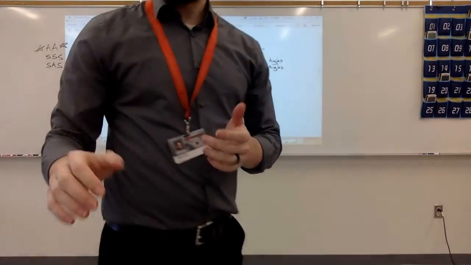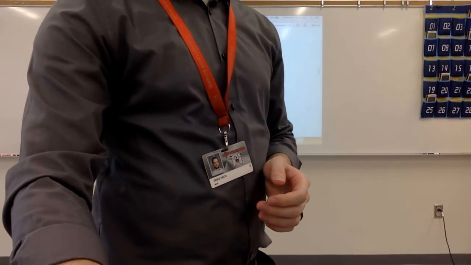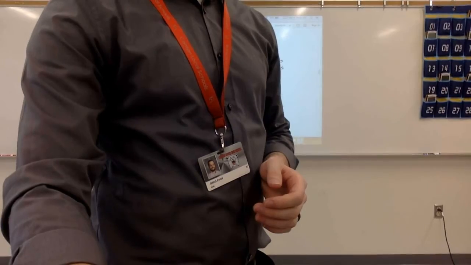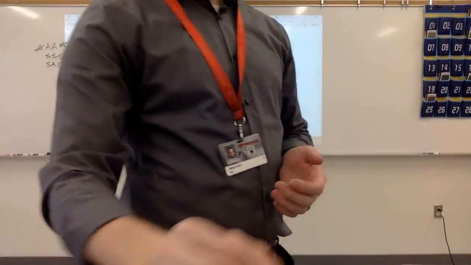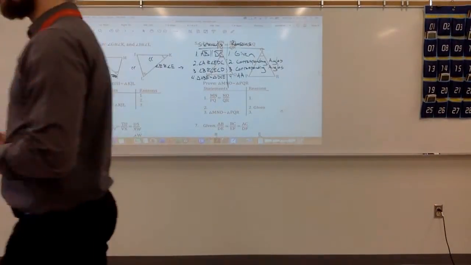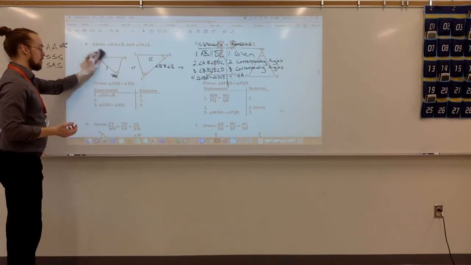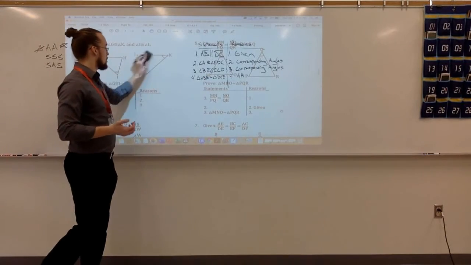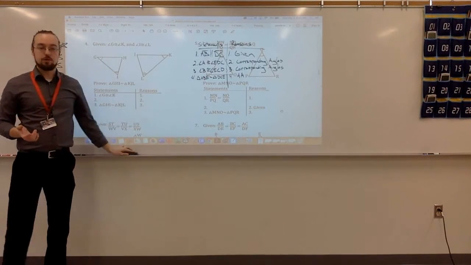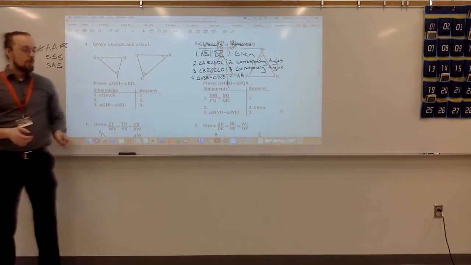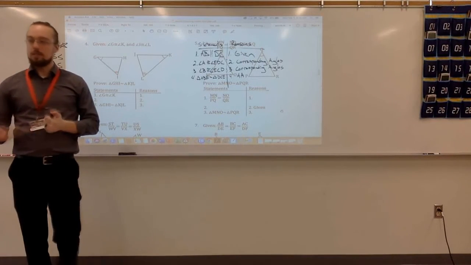All right, so on the back then, none of these are ones that you have to write entirely yourself. These are all fill-in missing pieces ones, okay? Most of the time on the air test and on our chapter test over this stuff, we will just have fill-in-the-blank type proofs, okay?